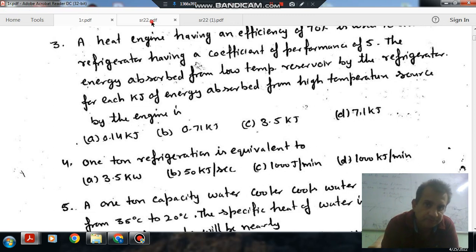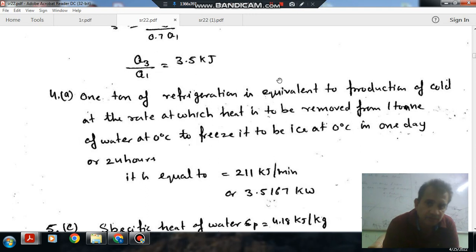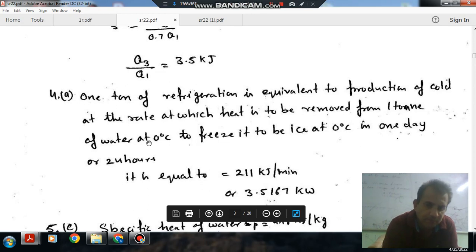One ton of refrigeration is equivalent to the production of cold at the rate at which heat is removed from 1 ton of water at 0 degrees Celsius to freeze it to ice at 0 degrees Celsius in 1 day, or 24 hours.